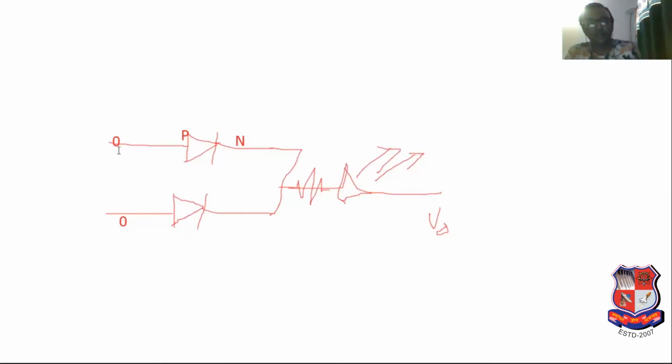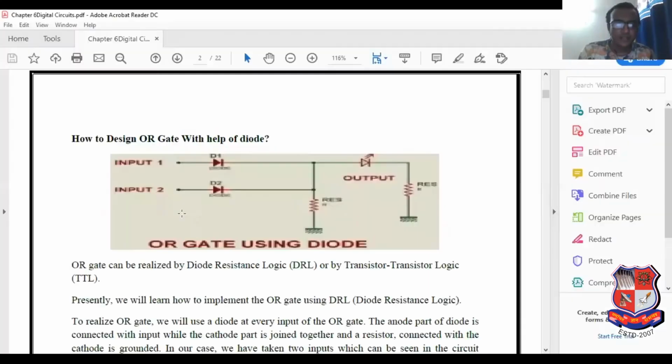Why? Because with 0 applied, the diode acts as reverse biased, so it can be considered an open circuit. So the diode cannot be turned on. So with 0 input, the output is 0.